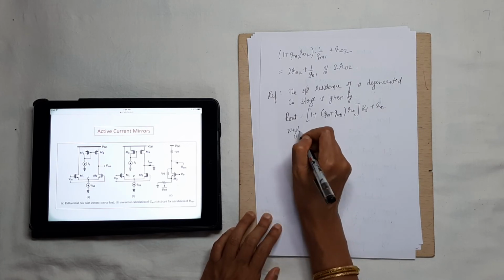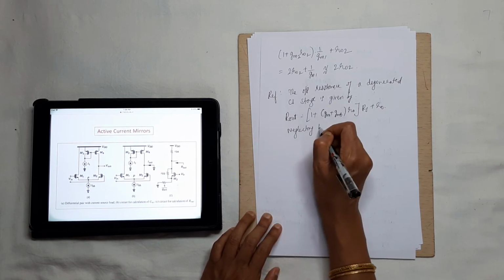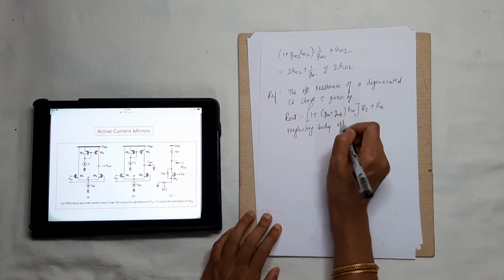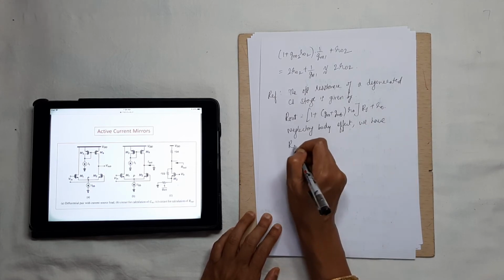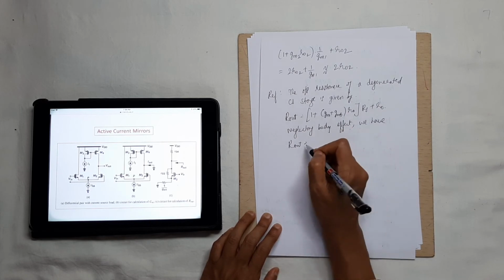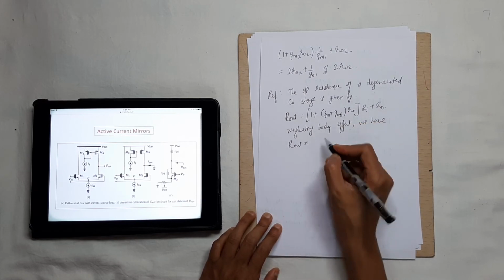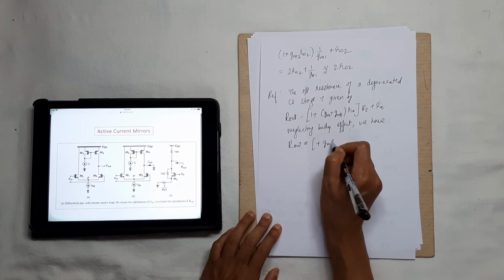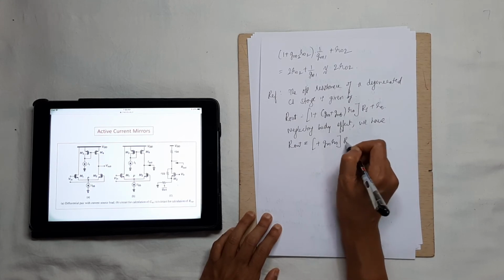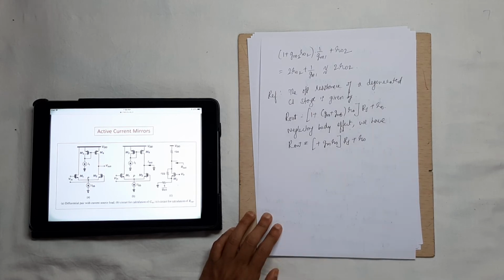Neglecting body effect, where the body effect parameter is GMB, if you neglect that, we get R out equal to 1 plus GM RO into RS plus RO.